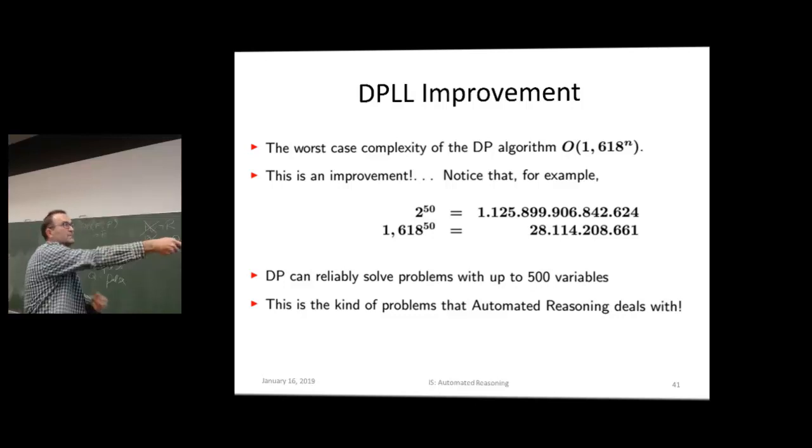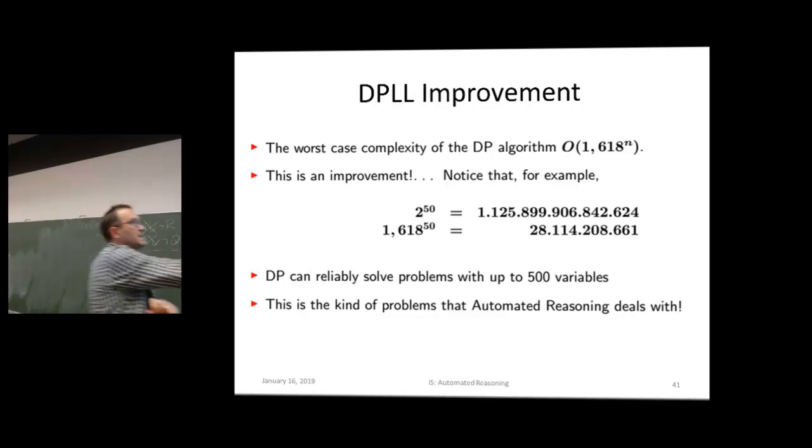So basically, the worst case complexity of this algorithm goes down from 2 to the power of n to 1.68 to the power of n. So it remains exponential because the problem itself is NP-complete, so you have to do this in a systematic way unless you find the right solution by chance.